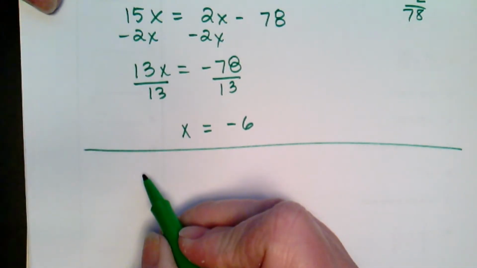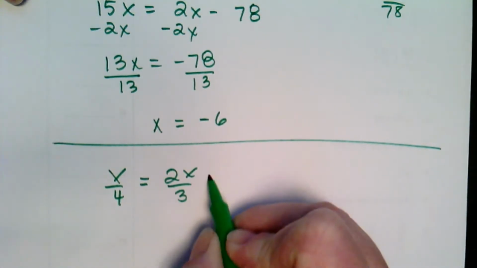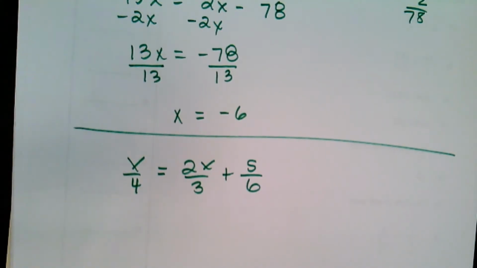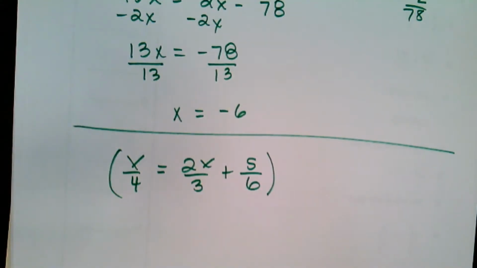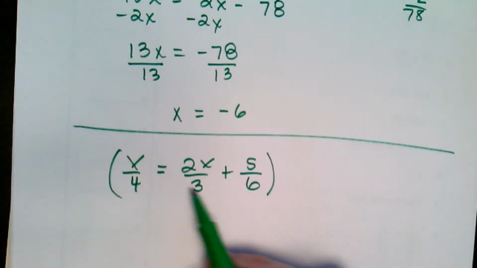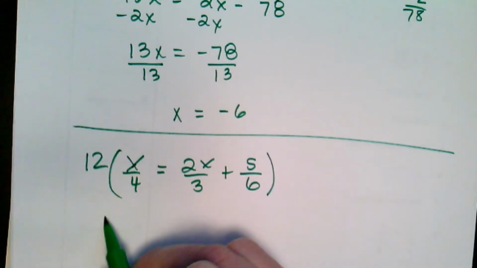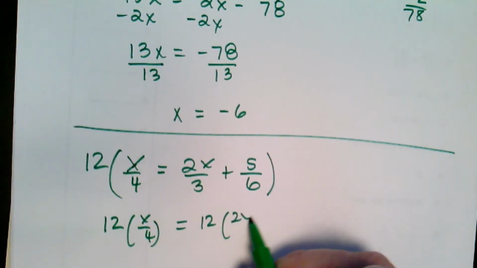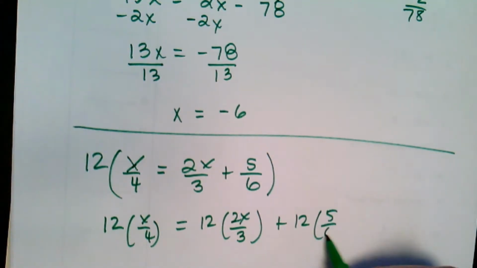And let's do another one. Alright, so get rid of our denominators, find something all your bottoms can go into. So 4, 3, and 6 would be 12. So I'm going to make my first term 12 times bigger, my second term 12 times bigger, my third term 12 times bigger.